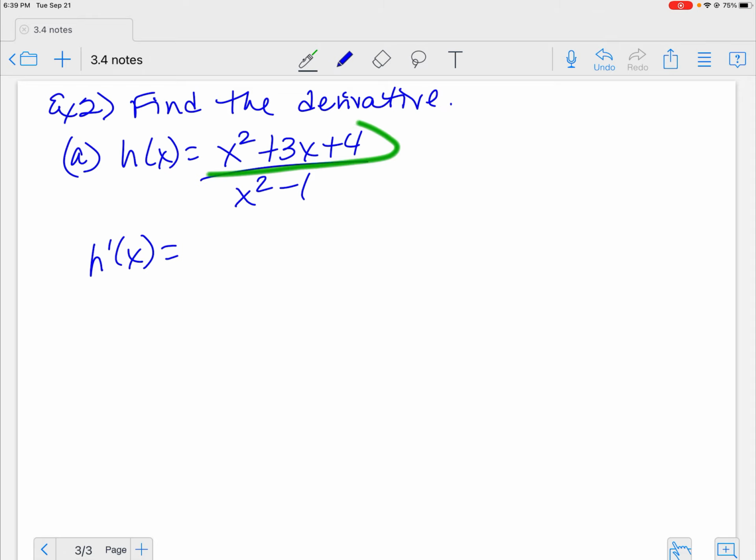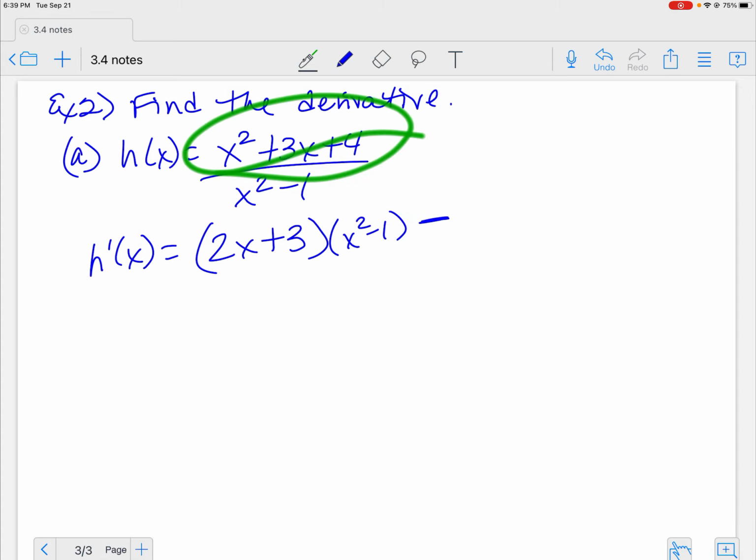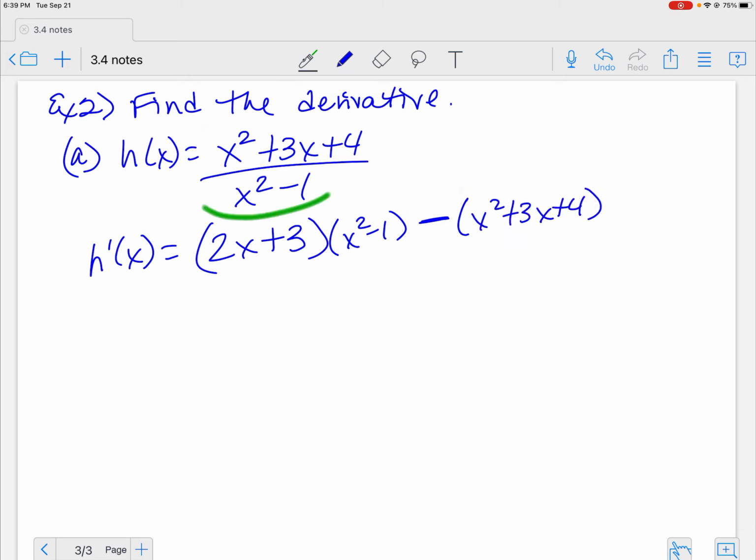So the derivative of the top, right, is going to be 2x plus 3. That's just the power rule. Bring the 2 in front. And then that's my constant. That's a 0. So the derivative of the top times the bottom, I'm not touching it, minus the top all by itself times the derivative of the bottom.